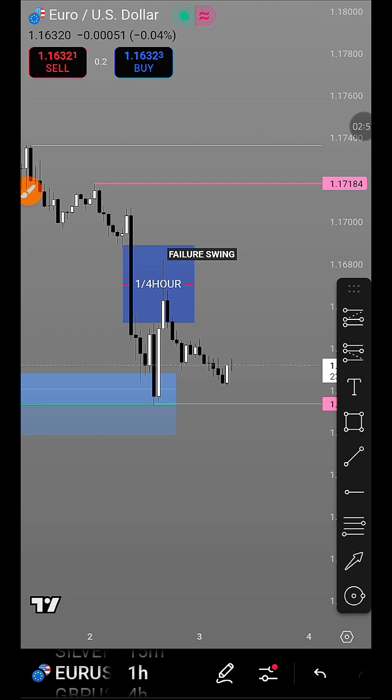And now we have two conflicting biases, right? So if you look at the perspective of if you want to long, right?